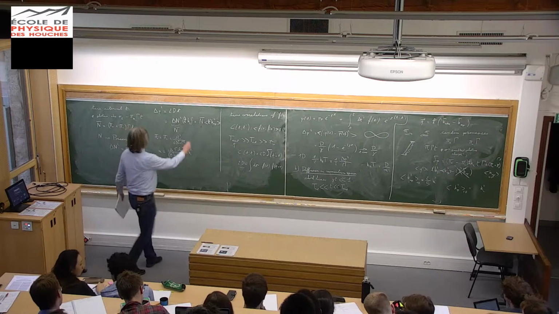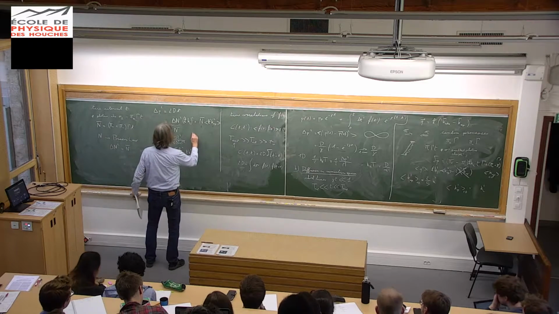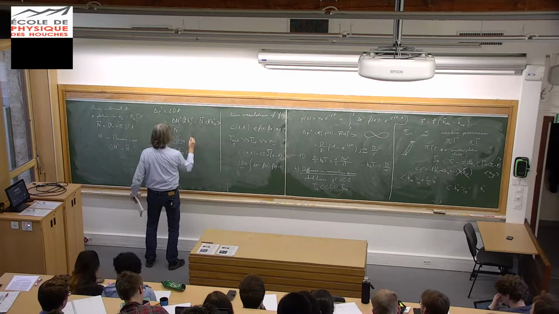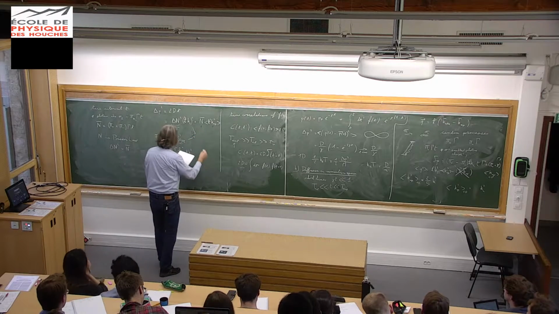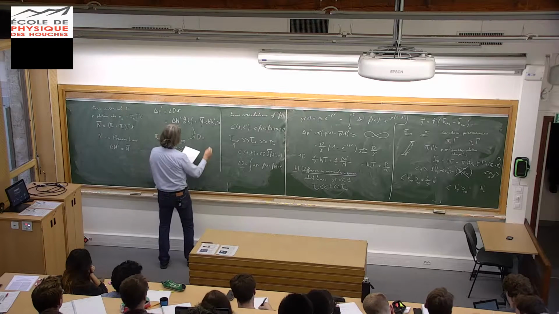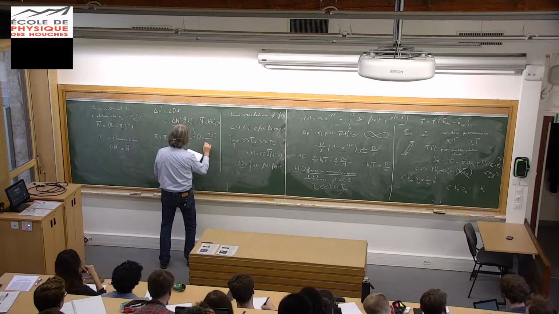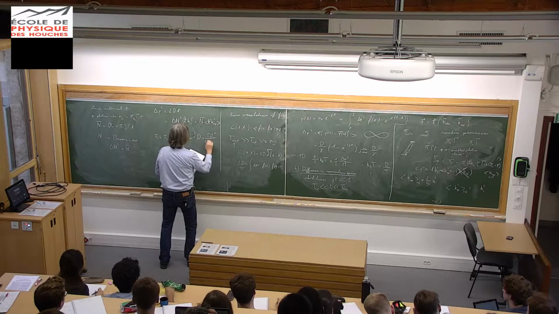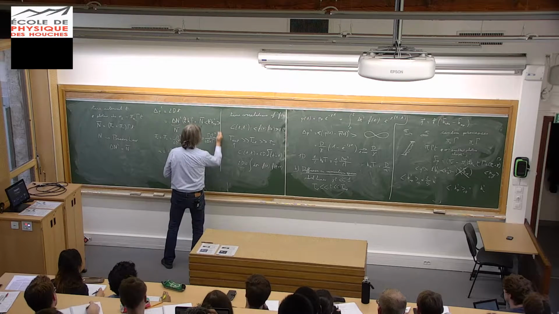So if we put it all together, we end up with D equal to gamma omega 1 squared divided by 4 delta squared plus gamma squared.